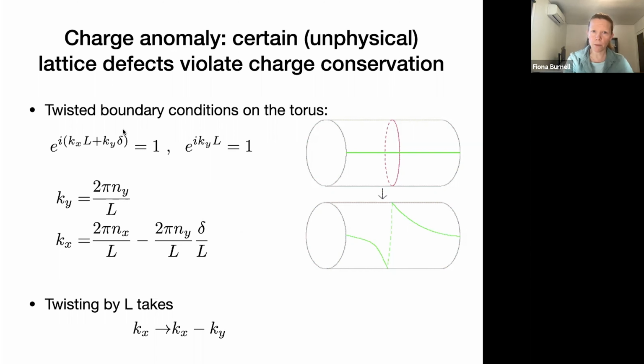And so in particular, this is kind of my picture here that I go from delta equals 0, and then I twist all the way around to delta equals L, okay? And that twist basically shifts kx to kx minus ky, okay?